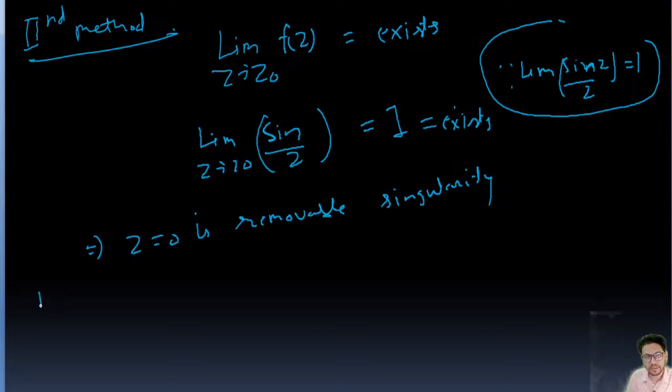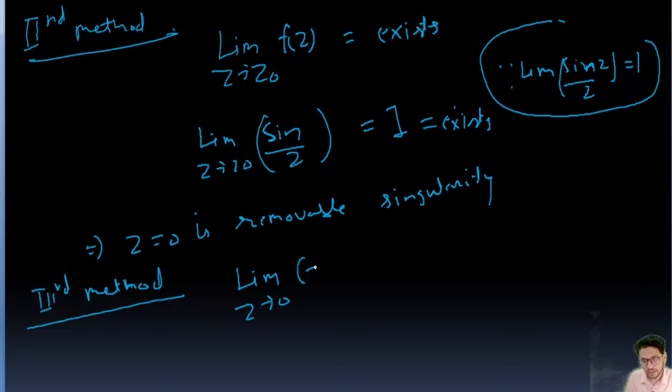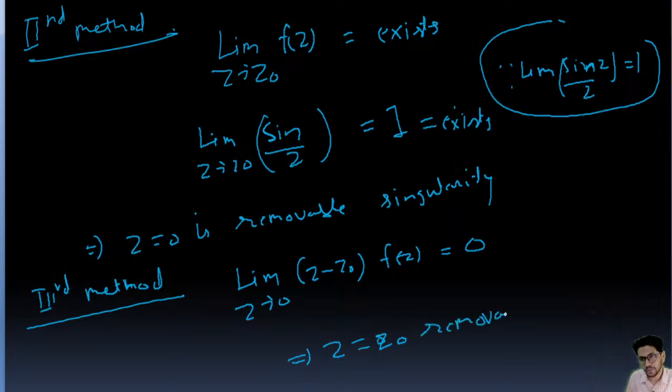Next, the third method is very important. Most of the time we use the third method. The third method is the limit as z tends to z naught of (z minus z naught) times f(z). If this value is 0, it means z equal to z naught is a removable singularity. We'll check by this method.